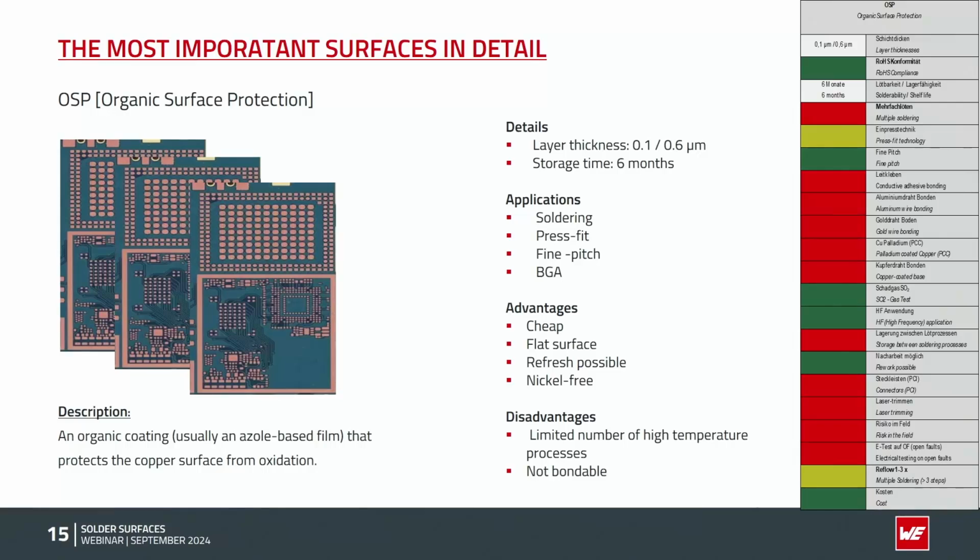So you have to take care of the further processing and storage, and the application in the field needs protection of the pure copper surface. Maybe it could be coated by tin during the soldering process. Otherwise you would have pure copper in the field, which is not that good concerning reliability issues.